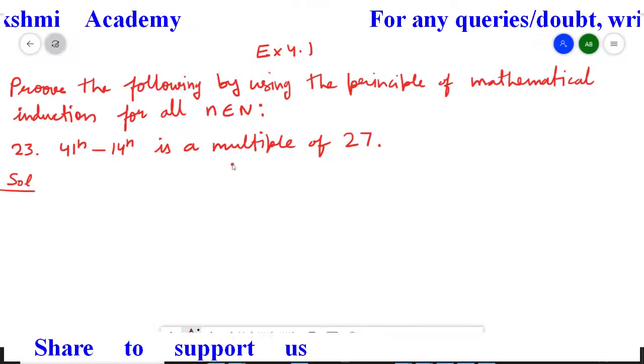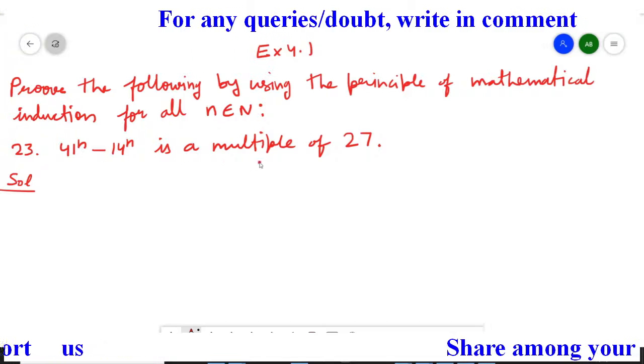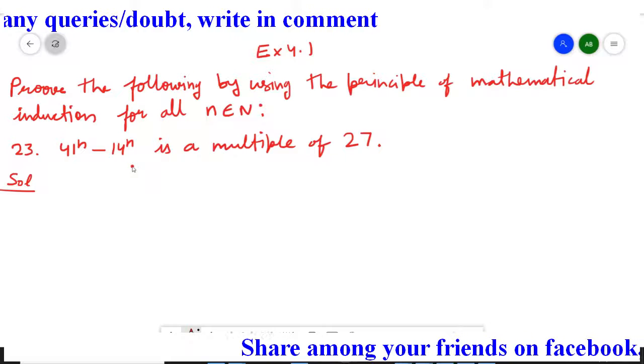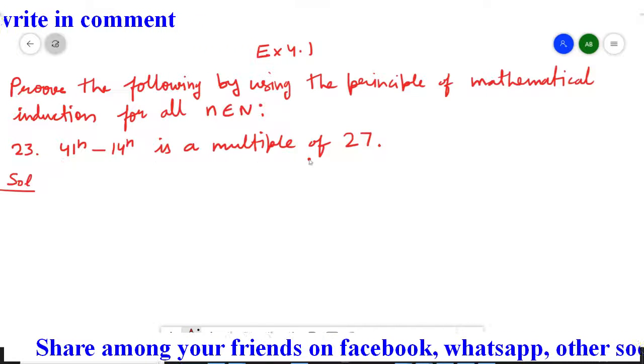So a mathematical statement is given to us and we have to prove that this mathematical statement is true for all the natural numbers with the help of principle of mathematical induction. So firstly we have to assume this given statement as Pn.